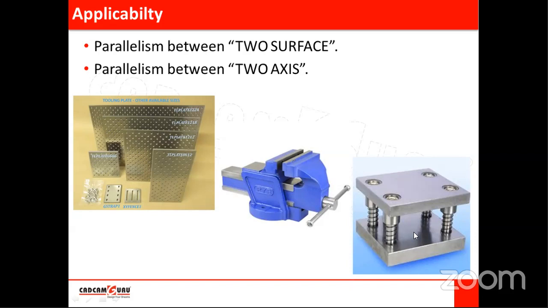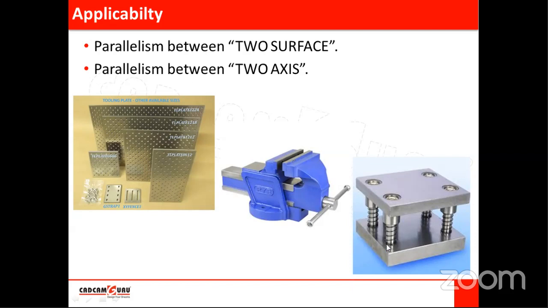I think on this plate there are four guide pillars and four bushes. These guide pillars get inserted in the bushes. These guide pillars should be parallel to each other. The axes of these guide pillars should be parallel to each other. So here this case is applicable.